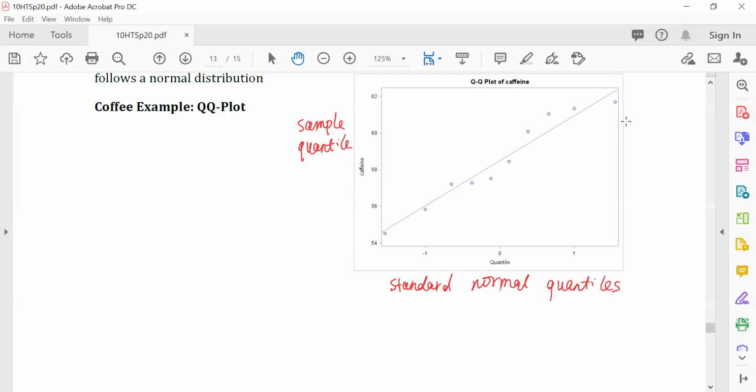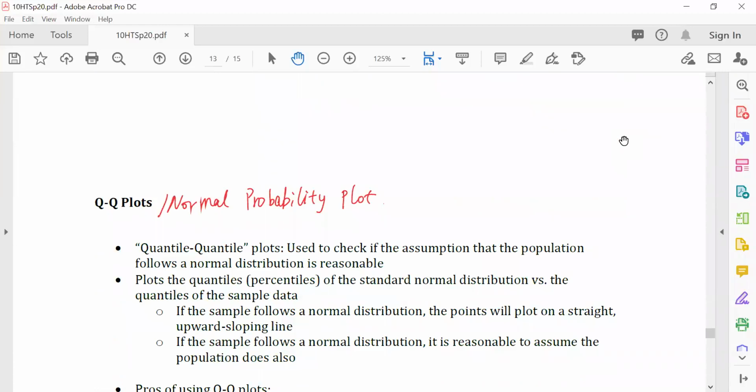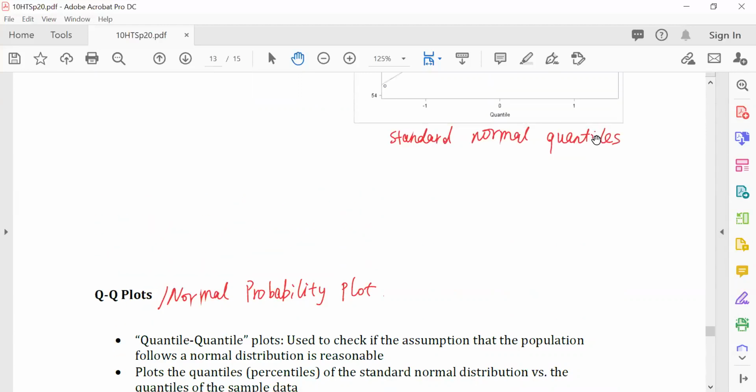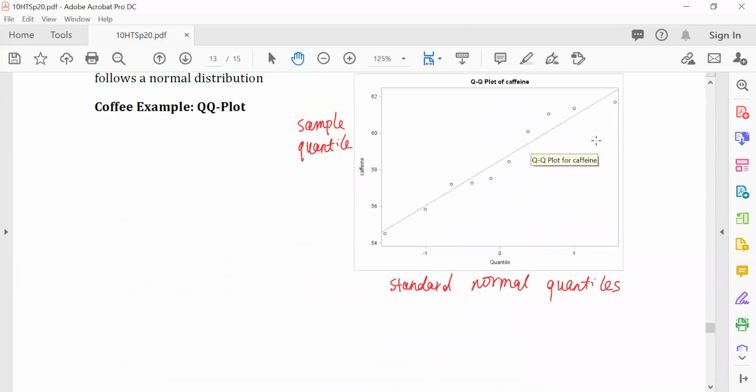So if your points basically follow an upward sloping line, then your sample follows a normal distribution. And it's reasonable to assume that if the sample you collected from the population follows a normal distribution, then your population will also follow a normal distribution.